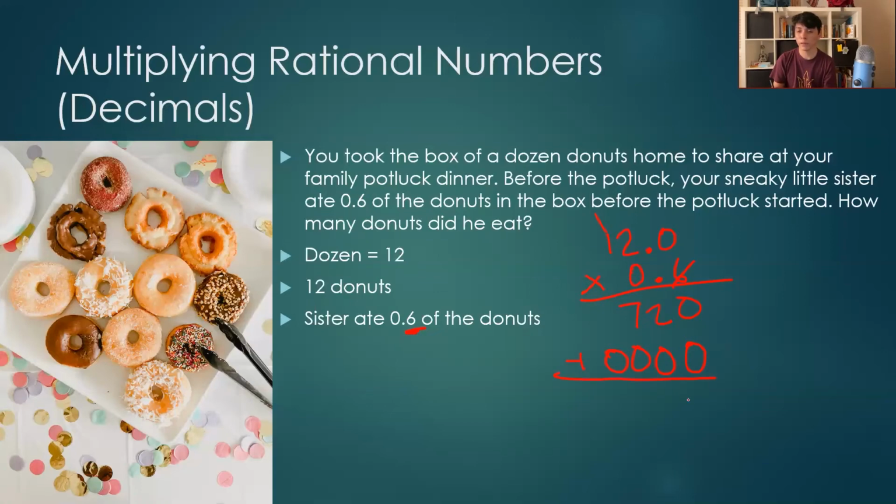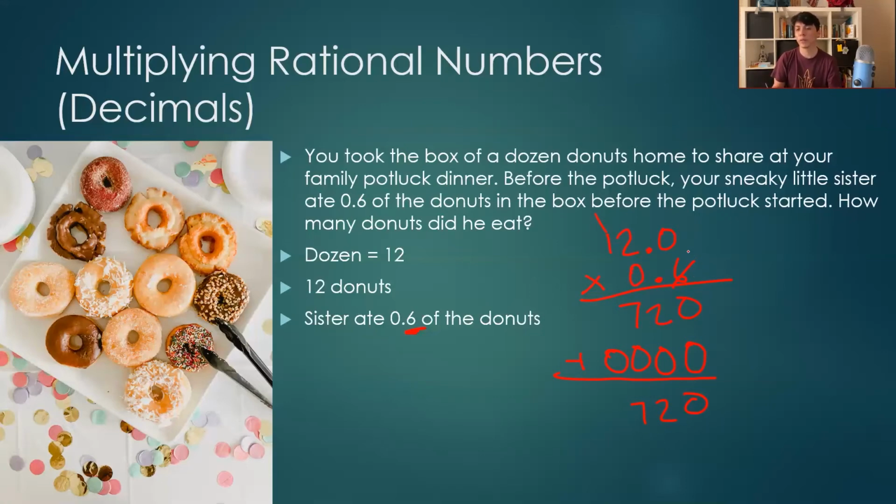So you can add all these together. 0 plus 0 is 0. 2 plus 0 is 2. 7 plus 0 is 7. 0 plus 0, nothing plus 0 is just 0. Don't bother writing that. 720 doesn't make sense, but because we were multiplying decimals, we have to determine how many spaces from the right to place the decimal.